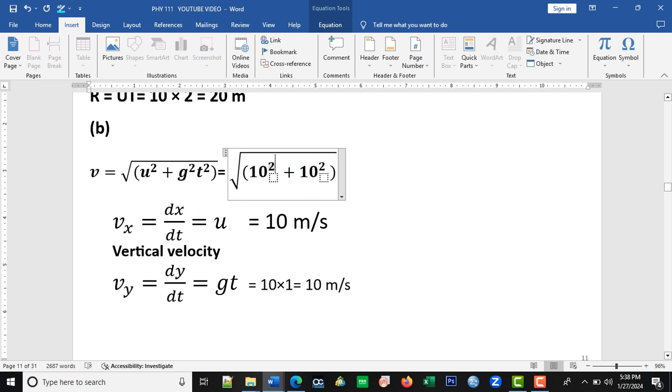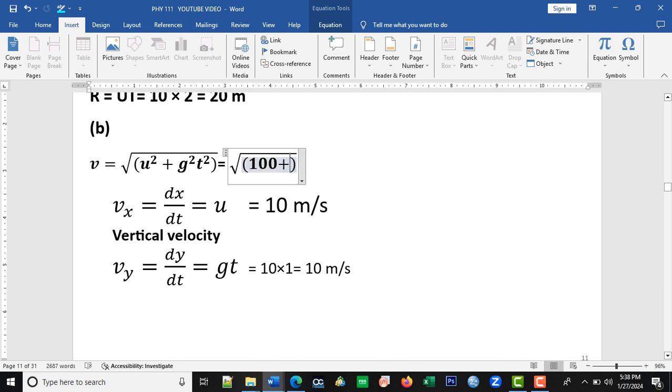So this reduces to 100, and this other one too reduces to 100. 100 plus 100 gives us 200. So the magnitude in this case is the square root of 200.